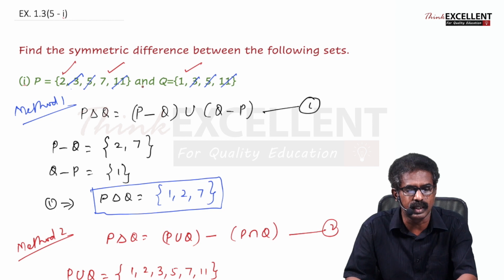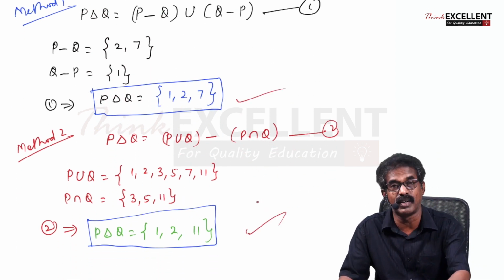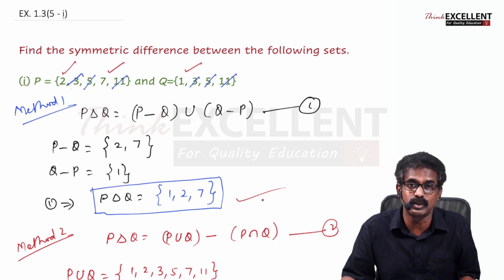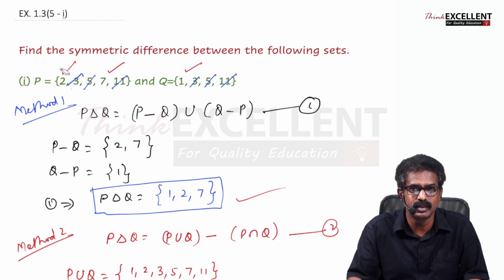So 1, 2, 7, your answer. Some easy method, no? This is for you, suppose some 1 mark question they ask. We want only the answer, right? So you can do in this way, okay? So hope you understood symmetric difference. How many methods? Only 2 methods, not 3, okay? So the third method is only for you to verify.